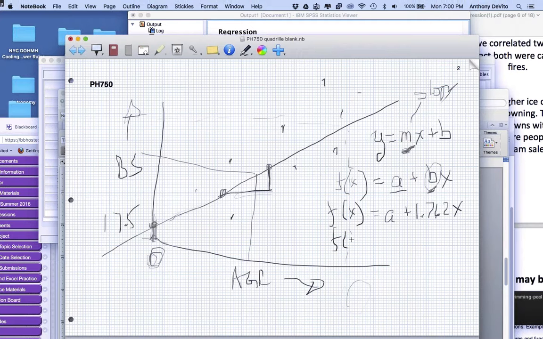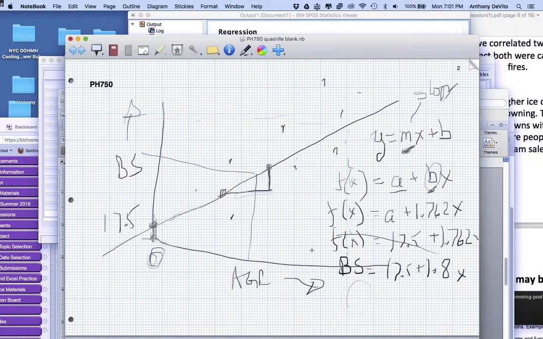So f of x is equal to 17.5 plus 1.762 times x. Well, now what is f of x and what's x? Blood sugar is equal to 17.5 plus, I'm going to call it 1.8 times x.